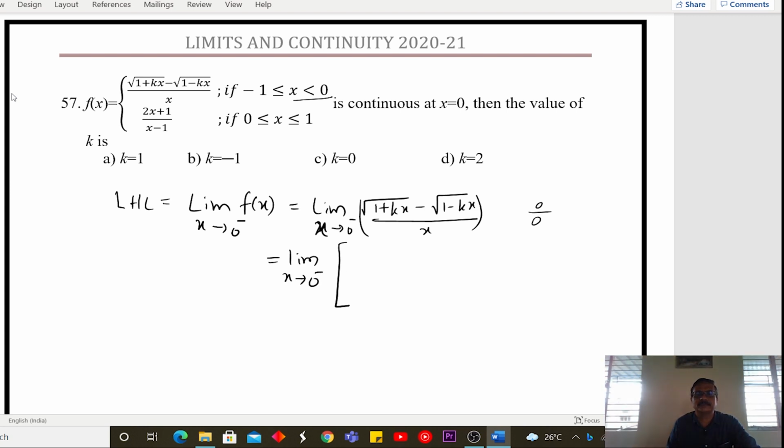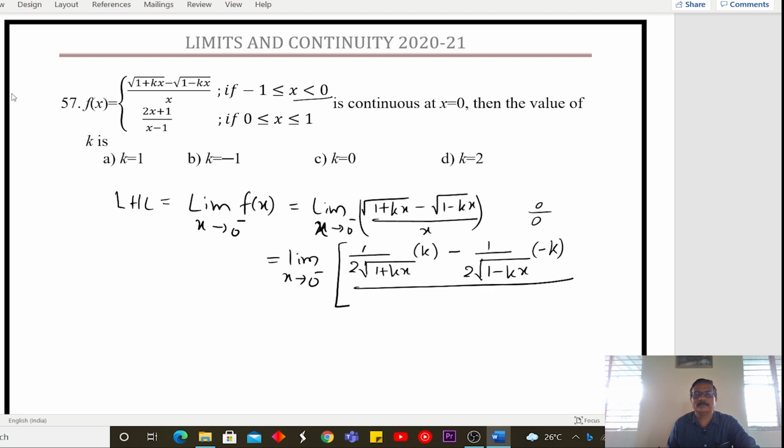What is that? Differentiate numerator and denominator separately. The derivative of root of 1 plus kx is 1 divided by 2 root of 1 plus kx into the derivative of kx, which is k, minus the derivative of root of 1 minus kx, which is 1 by 2 root of 1 minus kx into the derivative of 1 minus kx, which is minus k, divided by the derivative of x, which is 1.